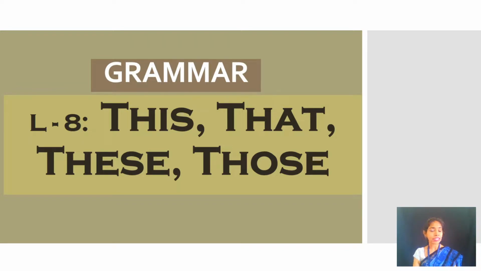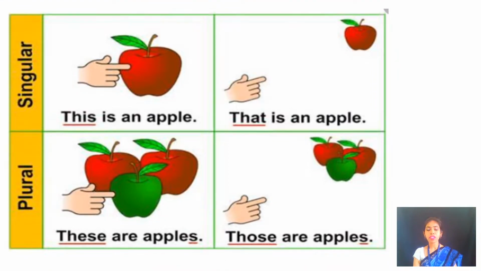Here from your grammar book, I have chosen the topic for today, lesson number 8: this, that, these and those. First let me show you a picture. Can you see this picture?